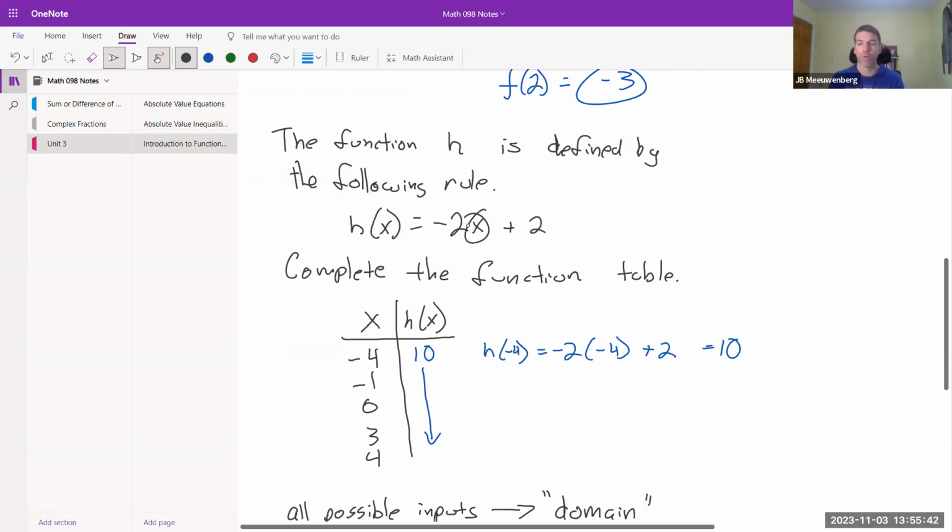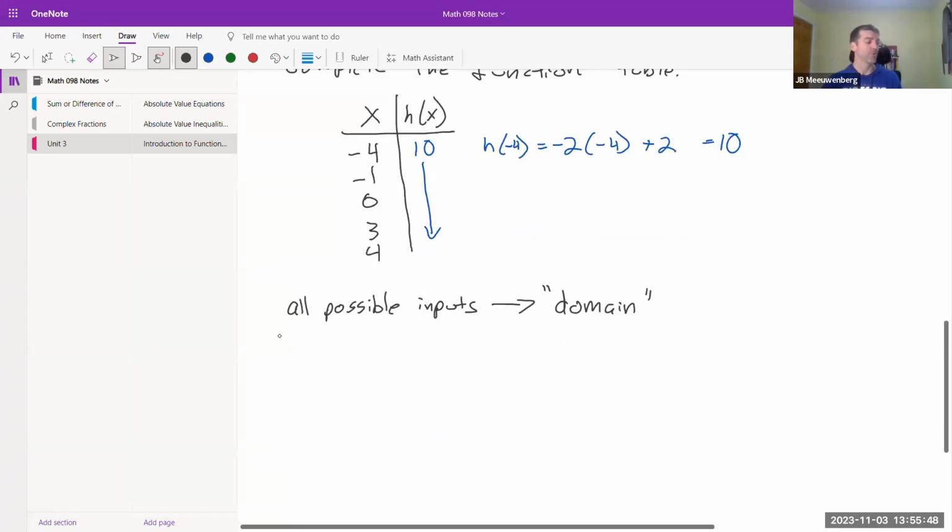So the domain is really everything. It's all real numbers. All possible outputs, any numbers I could get in my output column, those are called the range.